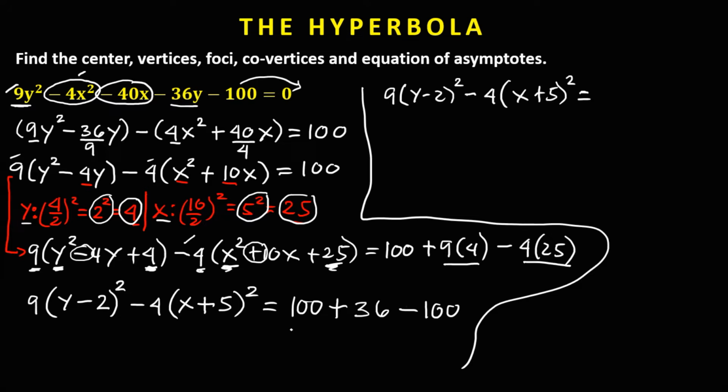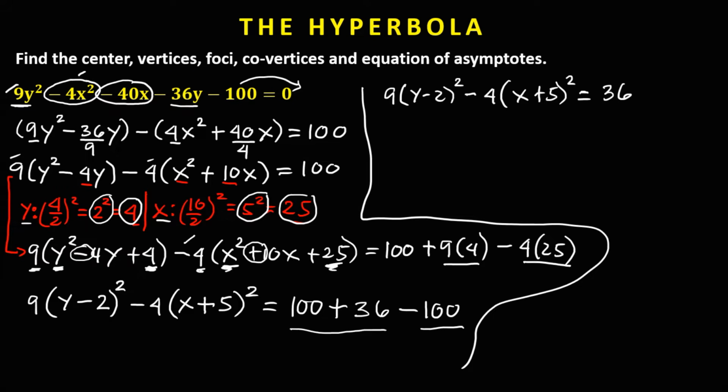So we need to simplify these numbers. So 100 plus 36, that's 136, then minus 100. So that's positive 36. Then we need to equate this equation to 1.